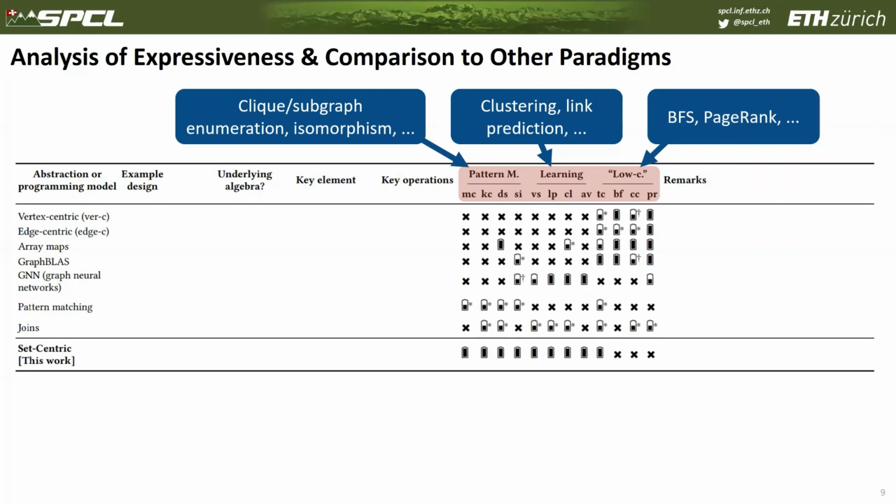Here we can see whether a given paradigm supports a given graph algorithm problem. Full support is indicated with the full battery symbol, and partial support with the half battery symbol. What we can see is that the set-centric paradigm proposed in our work, unlike all these other paradigms, fully supports the graph mining problems, but it's lacking in the low complexity schemes.